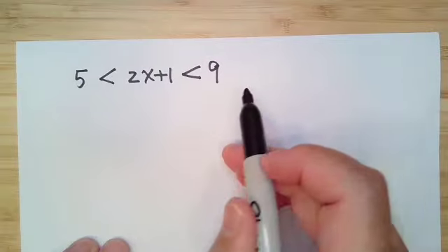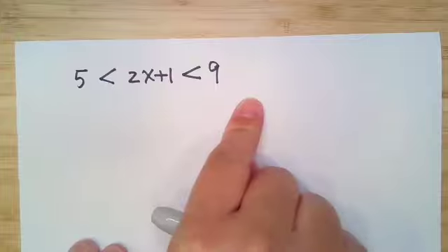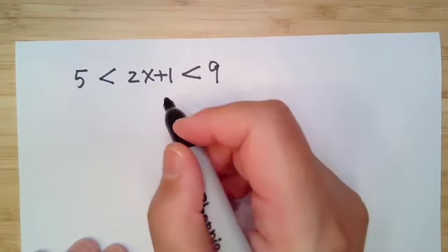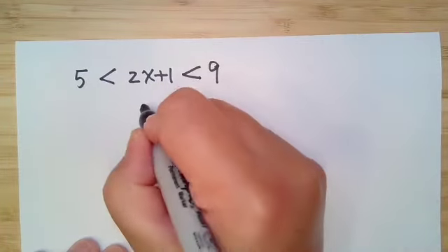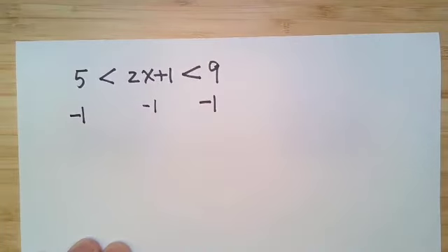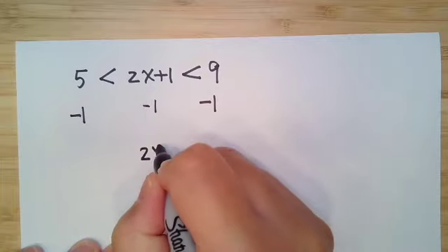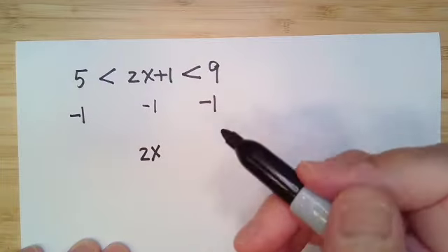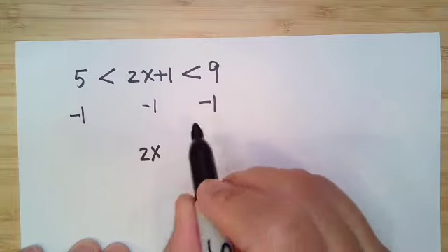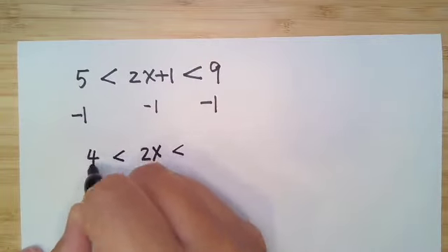When we have a compound inequality, especially when something is between two numbers, what you need to do is a very similar step: you're going to minus 1. However, you need to do that everywhere, in all three places. So you have 2x. Remember, plus or minus the same number, the sign stays the same, and that will be 4 and 8.